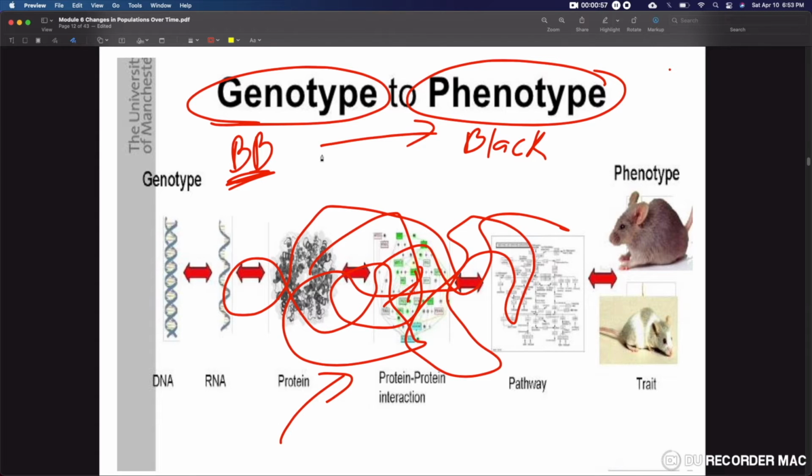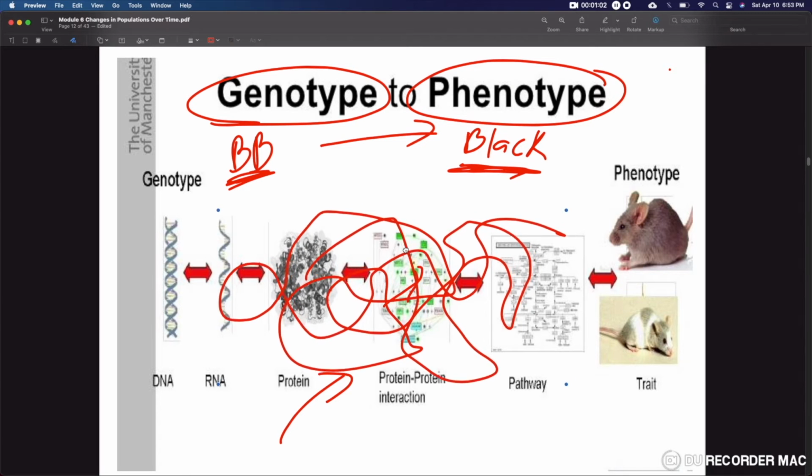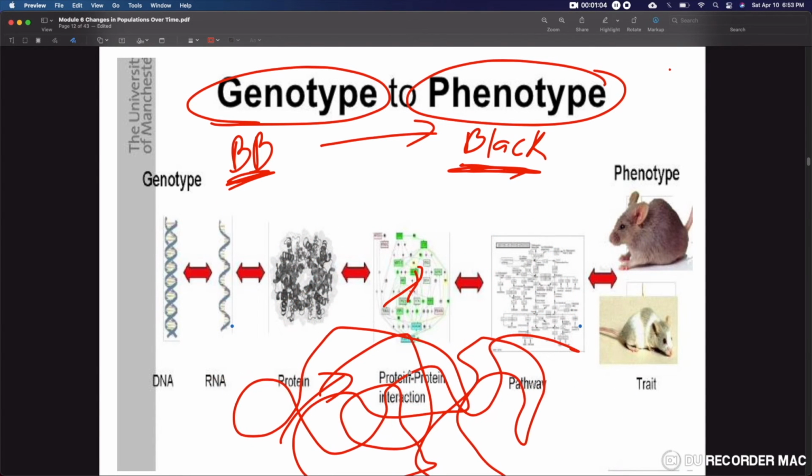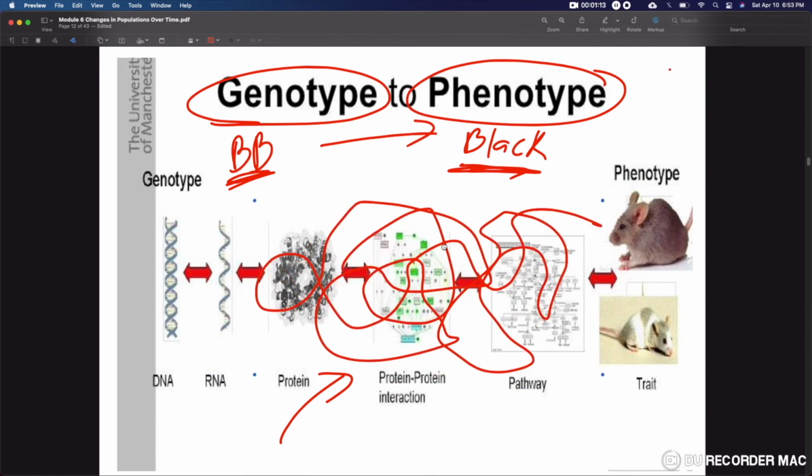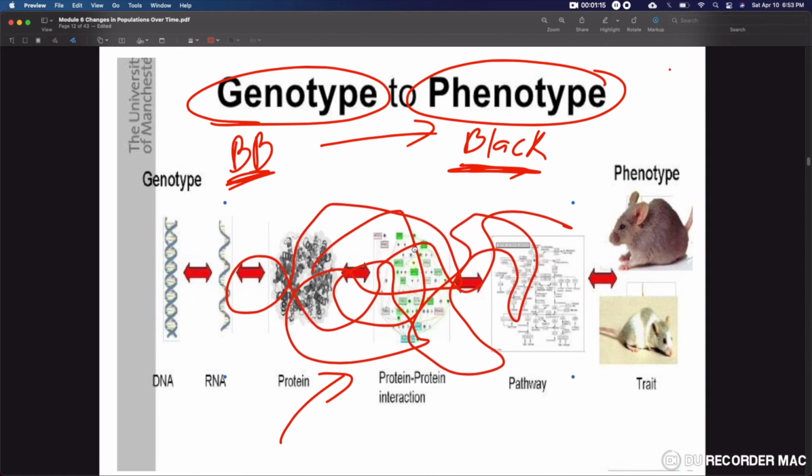But simply put, yep, your genotype is responsible for your phenotype. But I'd like you to put in the back of your head, remember that there is this interaction happening behind the scenes that may cause changes.